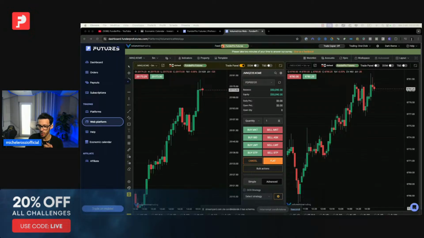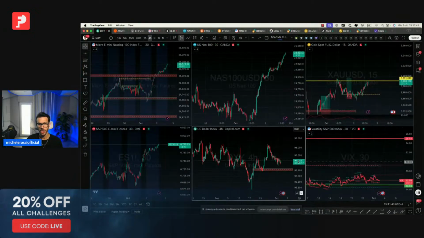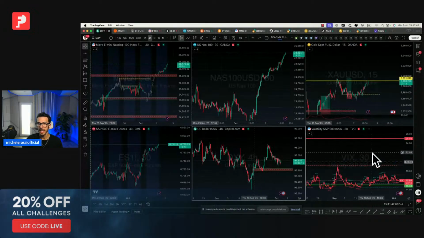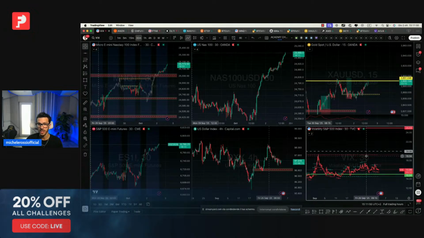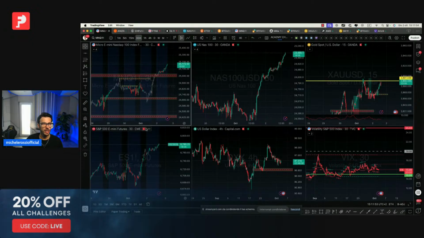Monday, September 29th, Trump spoke. Markets opened the week cautiously positive, as you can see from the 4-hour charts on the dollar index in the middle, the volatility index, the S&P 500 key index, and gold and the Nasdaq on the left.